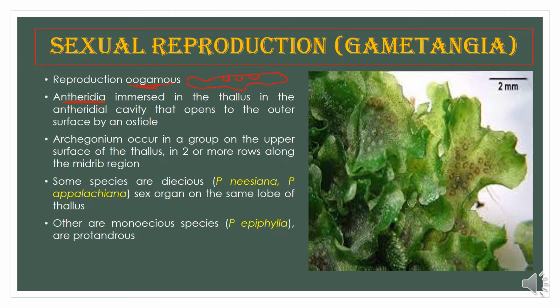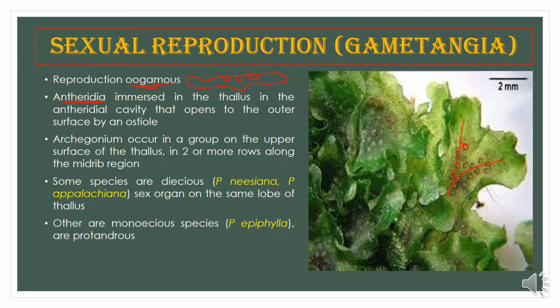They are embedded in the thallus. The antheridia are present in the antheridial chamber, and these chambers are found either scattered, see here, they are scattered, but along the midrib region they occur as one or two rows.